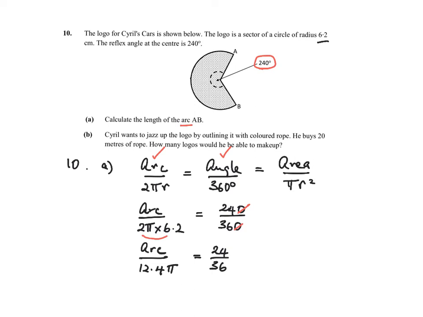So I'm going to multiply both sides by 12.4 pi, and we then have arc equals 24 over 36 times 12.4 pi, which equals 25.97 centimeters.